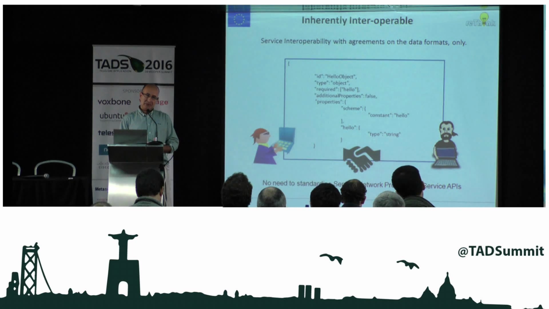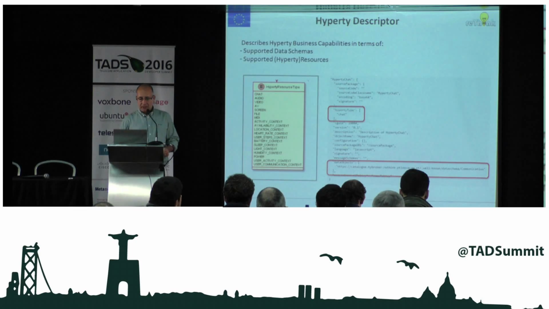Another very important characteristic is that we have chosen to use JavaScript at this point in time. And so this means that hyperties can run everywhere. You don't have to install any specific software on your device in order to have hyperties running. Then hyperties have a descriptor.